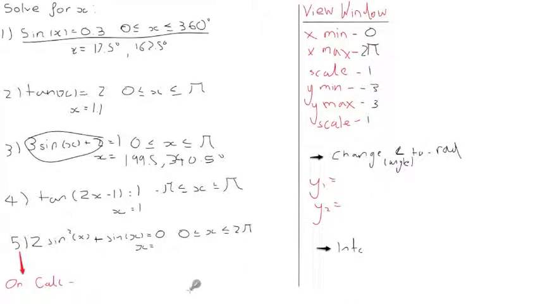So on the calculator, you need to type 2, right? Then bracket sin x squared plus sin x. And then the y2 will be obviously 0. So again, 2 sin x squared plus sin x. And you don't need a bracket for the second x.